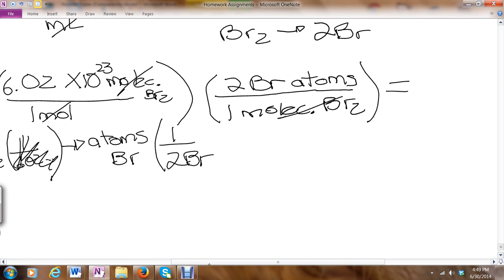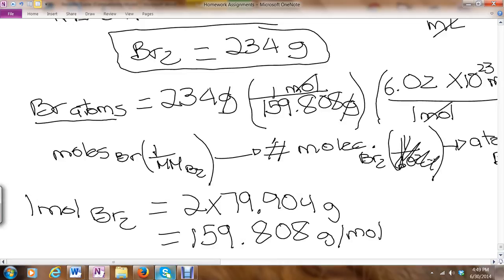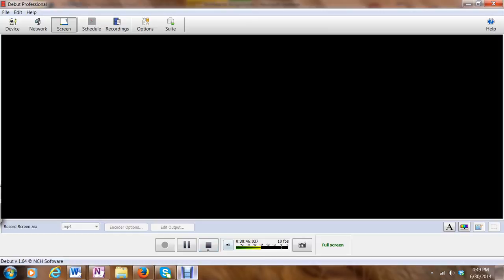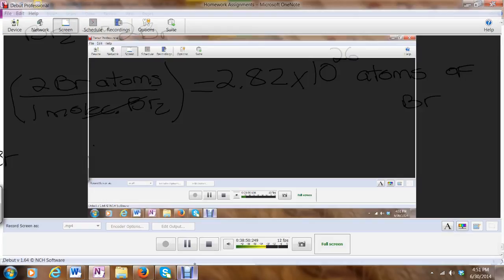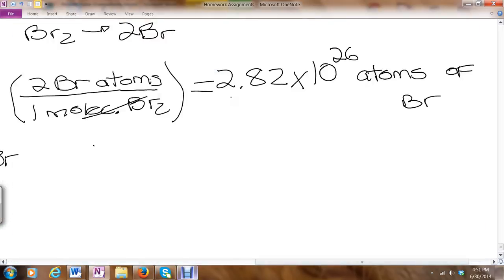Okay, I'm going to pause again. See if you got the same. I got 282, already 3 sig figs.